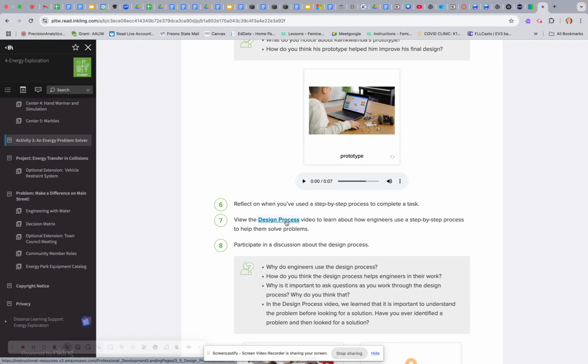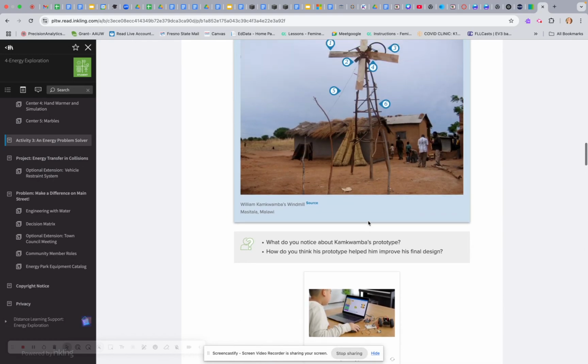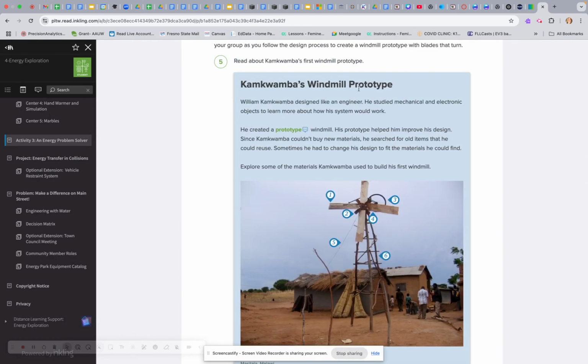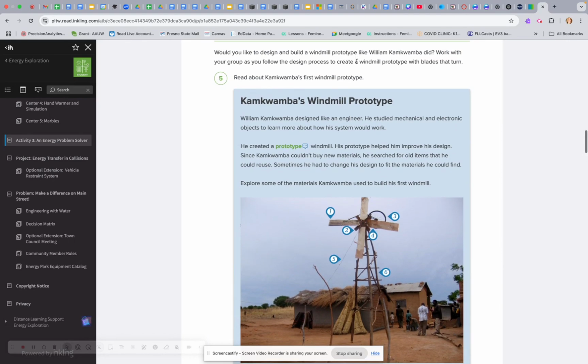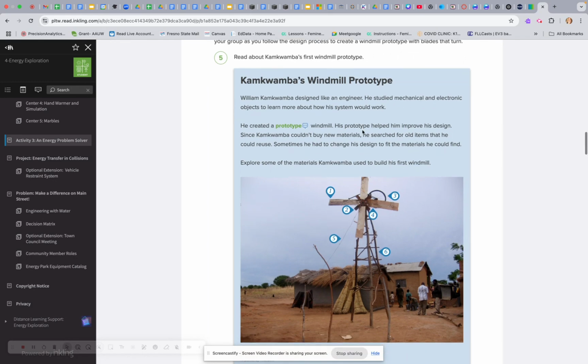So the design process is an instructional strategy that you're providing for students to help learn how to tackle tasks when they're creating and designing. So this is an instructional strategy that you're using. And then also they're going to be building a windmill. And so you are providing them the instructional strategy with a hands-on activity to build their knowledge about a concept.